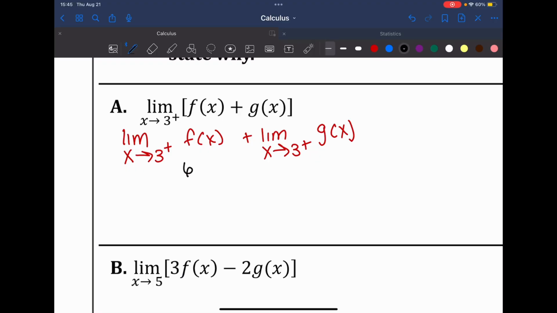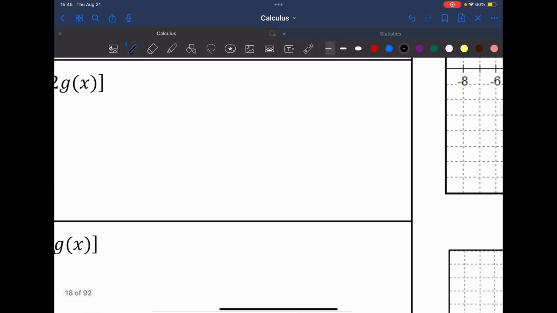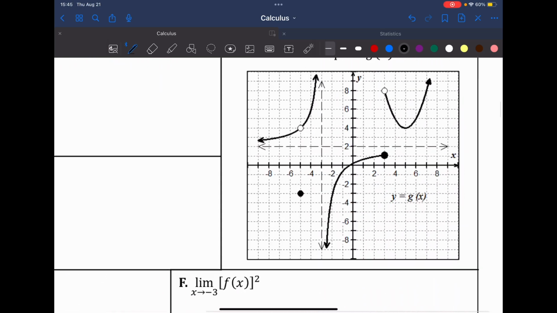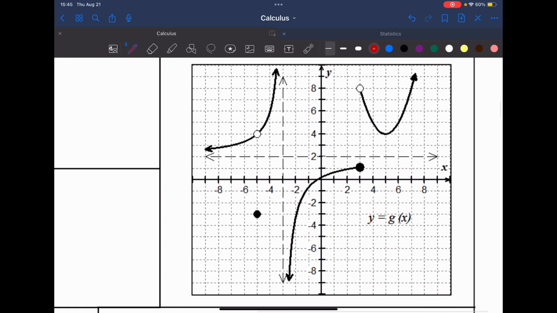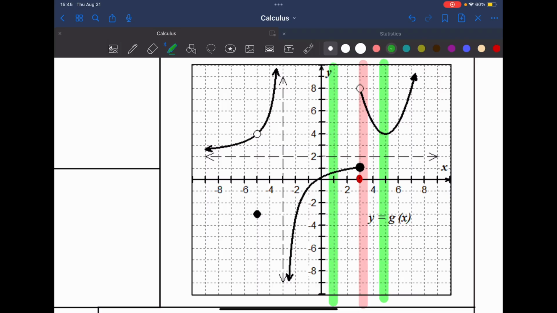Now I need to do the same thing for the g of x function. So going over here, g of x, again, I'm looking at 3. Okay, so here's 3. And then I'm going to draw that line and then my small boundary around it. Okay, and I'm only looking at the right side. Well, notice I have two functions approaching 3.